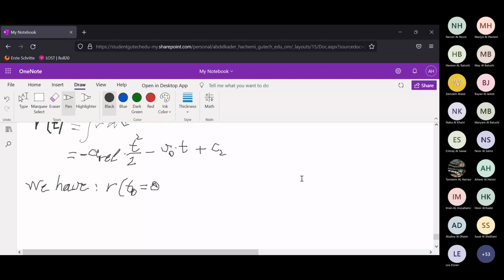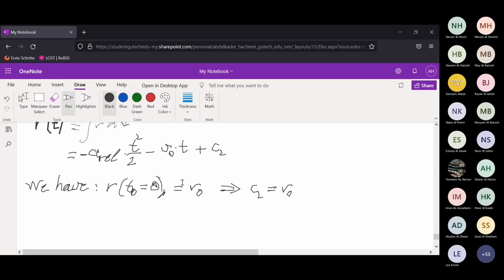In this case, the distance R is only equal to R0. This is what is given in the exercise. That means we can get C2 equal to R0.